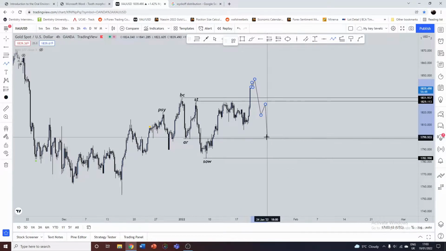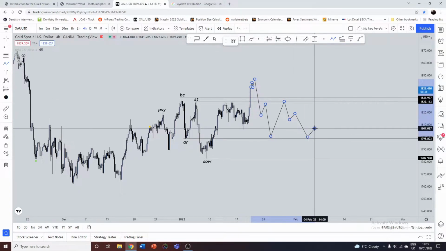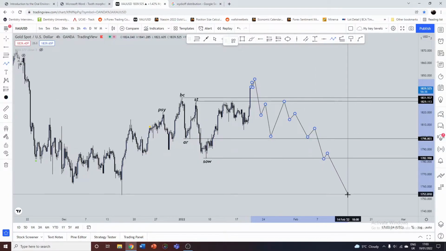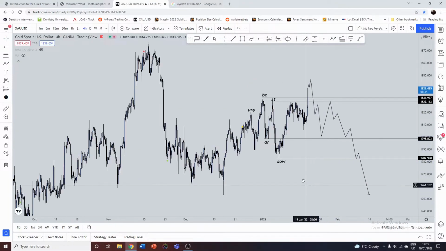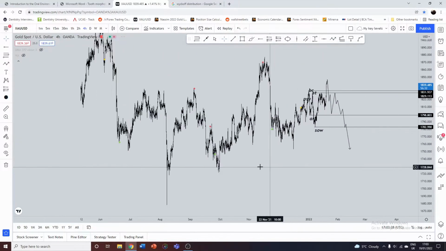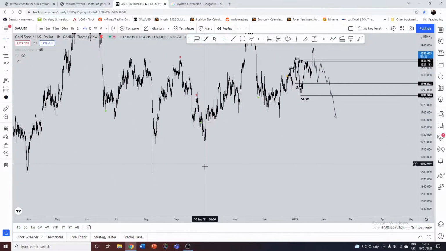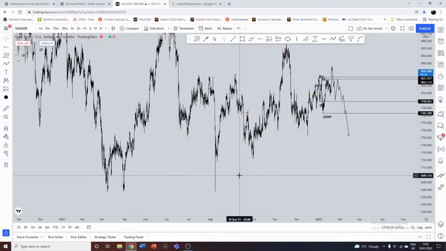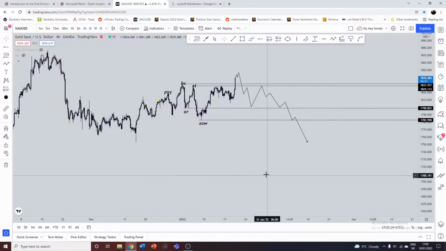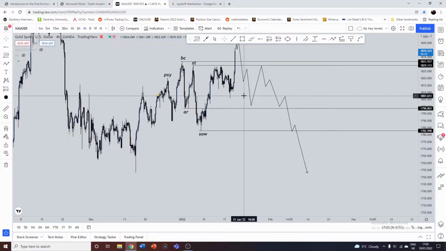We fall towards perhaps the 1800 level, come back, retest these highs, form a head and shoulders and begin to fall, and we could see some serious downside all the way to 1720 and potentially the triple bottom at 1780.